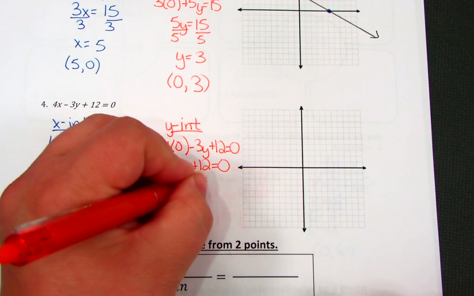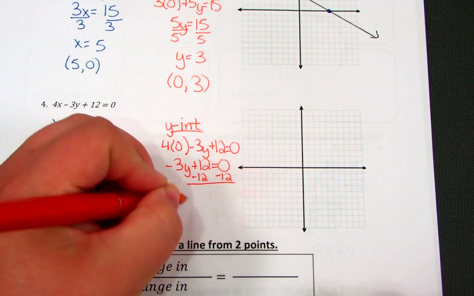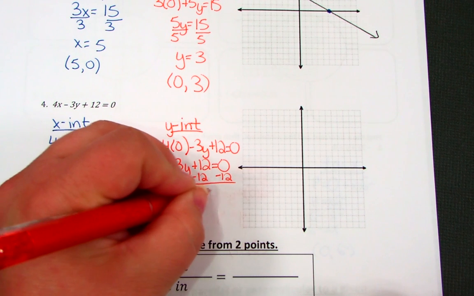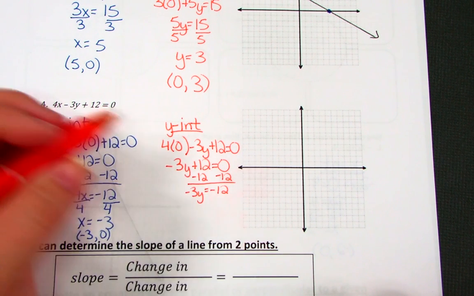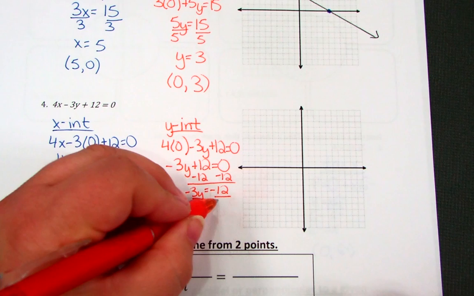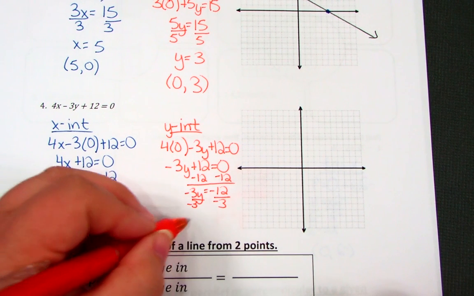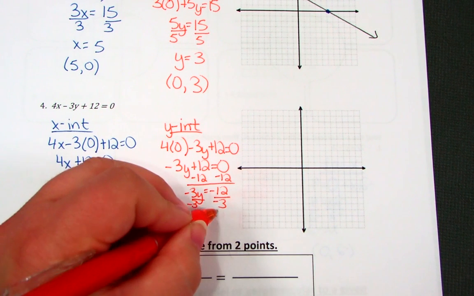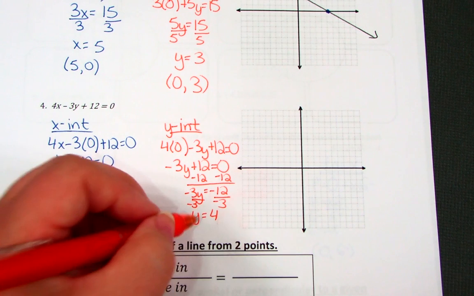Subtract your 12 from both sides. Divide by negative 3. So that y equals positive 4.